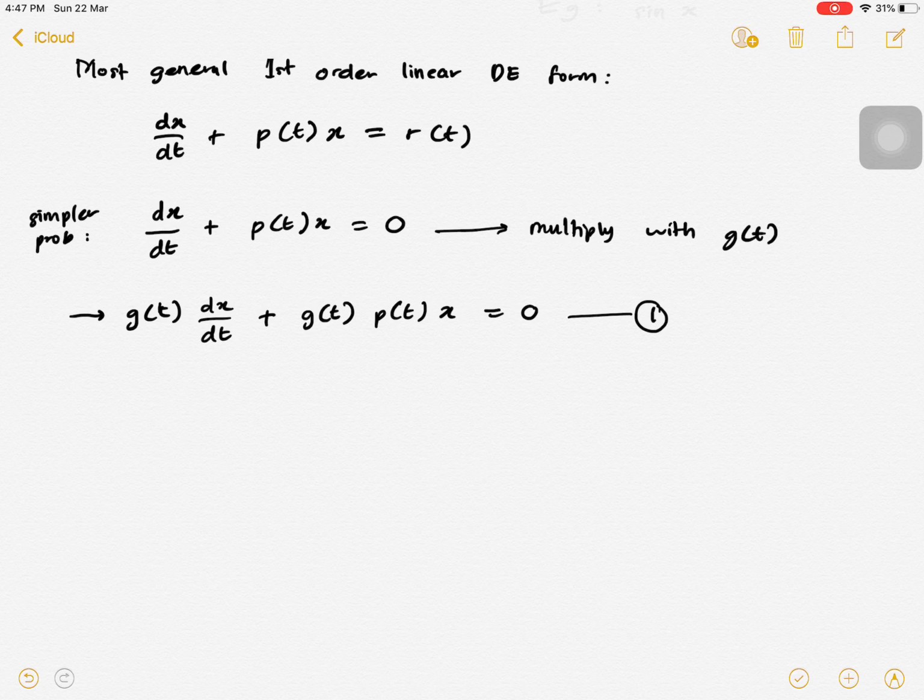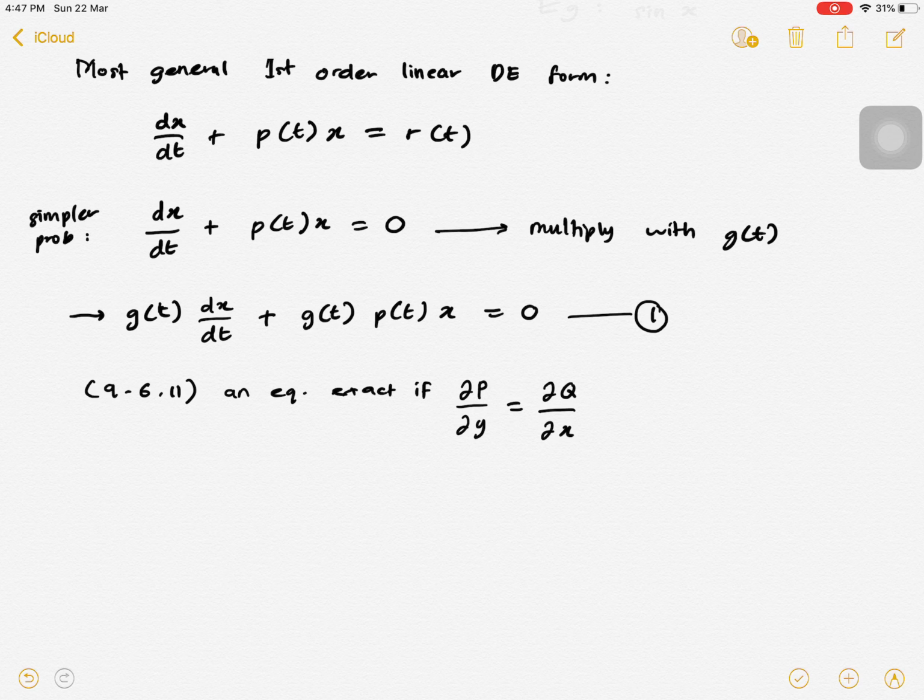Okay, wait. We remember from section 9.6.11, if you go there, that an equation is exact if delta P over delta y is equal to delta Q over delta x.